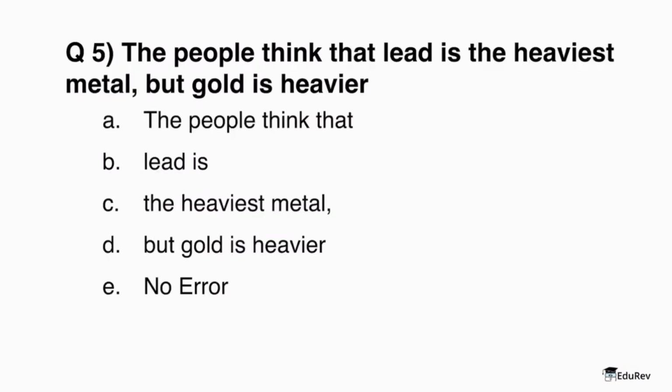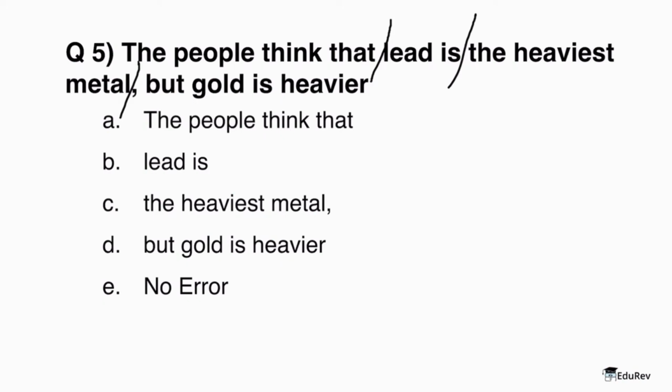Let's look at another question. The people think that lead is the heaviest metal, but gold is heavier. Okay. Let's see this very properly. The people think that is the first part, lead is, second part, the heaviest metal, third part, but gold is heavier is our 4th part.